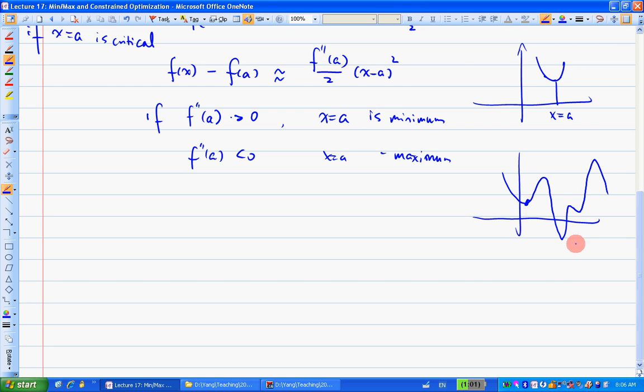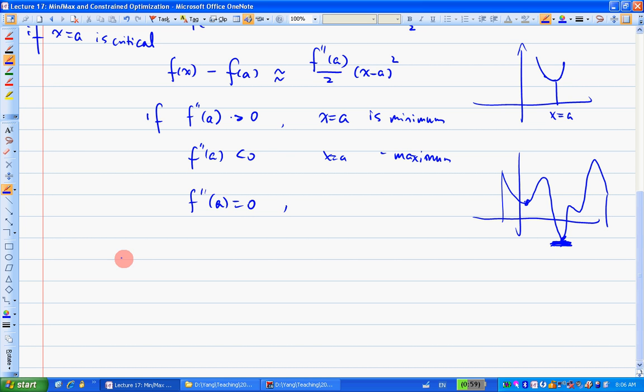So if we have a minimum here, this is the local minimum within this range, and this is the global minimum here. So that's the concept here, right? So what happens if this is 0? If it's 0, then we actually can't determine that, so we have to do a higher order test, third order test, right?